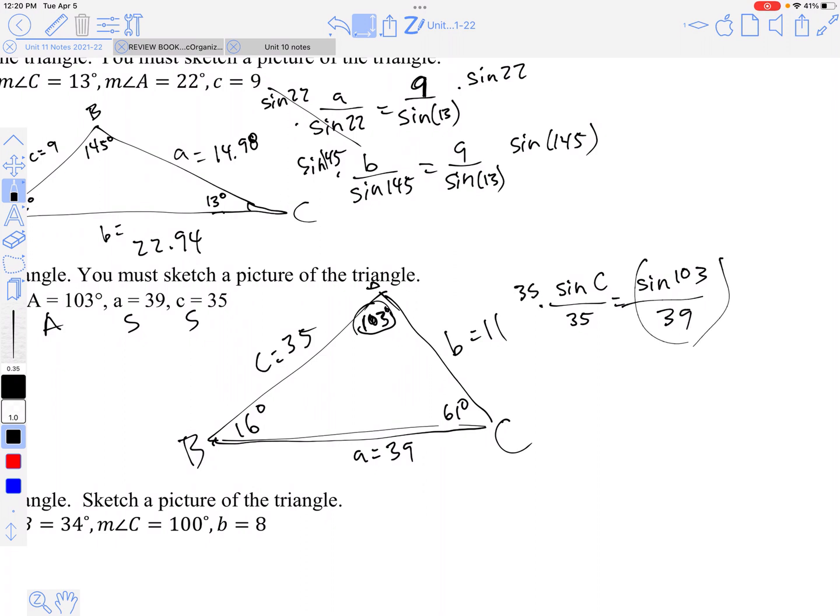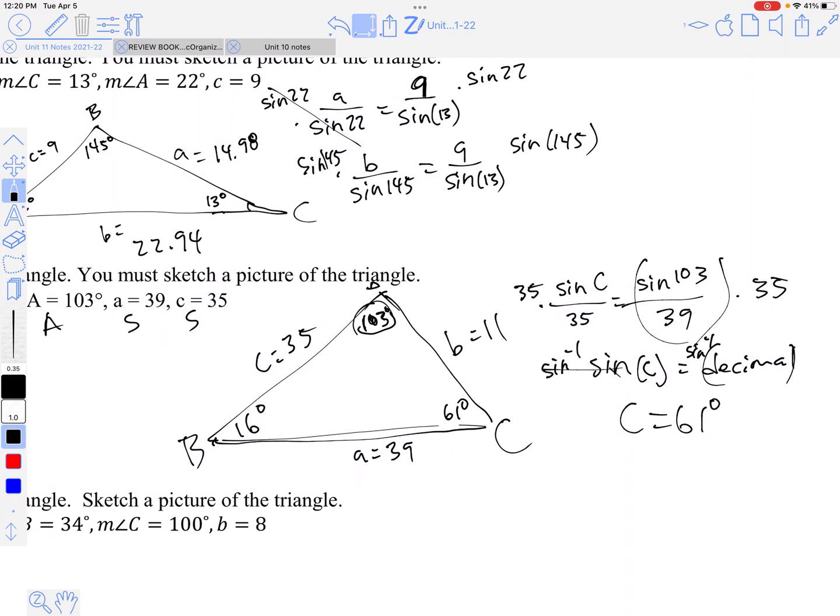I'm going to multiply by 35, and I'm going to have sine C equals a decimal that I got in my calculator. Now, I have to get C out of sine, so I'm going to have to use the inverse. So whatever decimal I got, I'm going to do the inverse of that. That'll cancel out, so C will equal 61 degrees, and I rounded to the nearest whole.